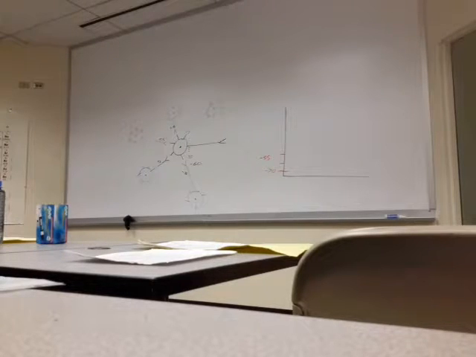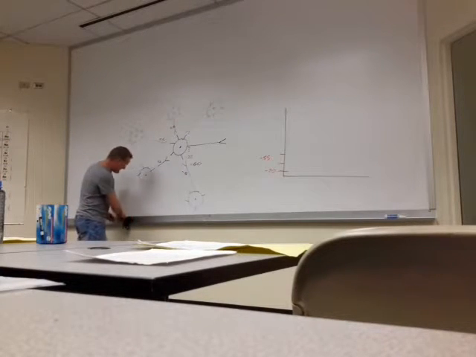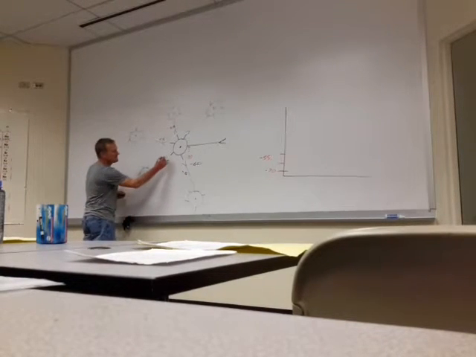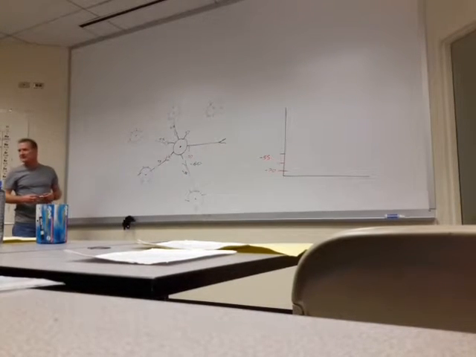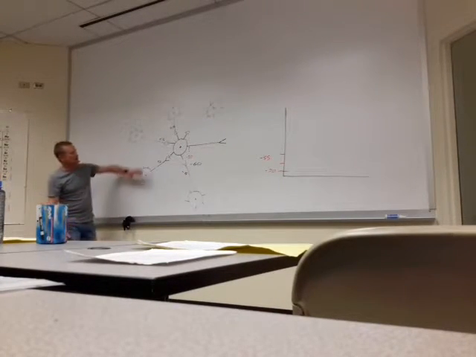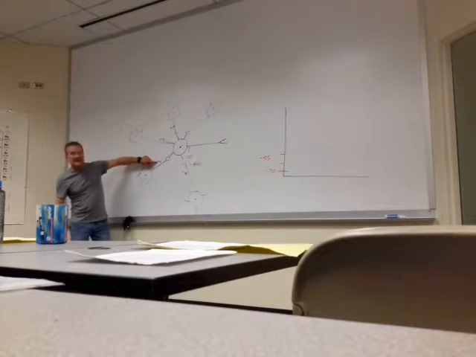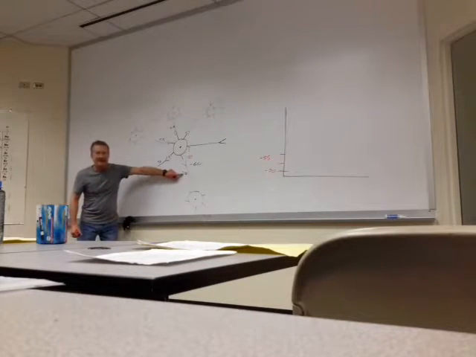And when you take drugs that make you feel weird, whether it's good or bad or whatever, you're affecting what happens at these synapses. Because we have, as you can see here, excitatory signals and inhibitory signals.